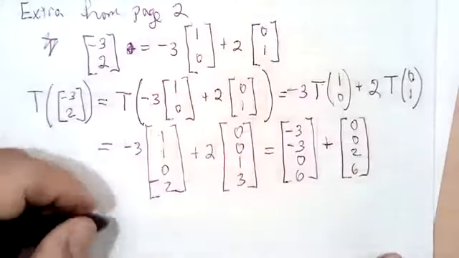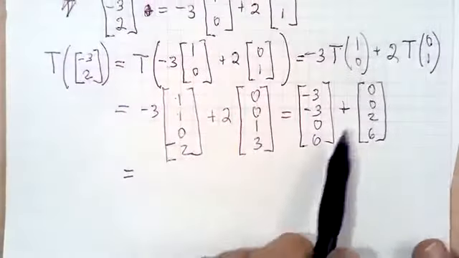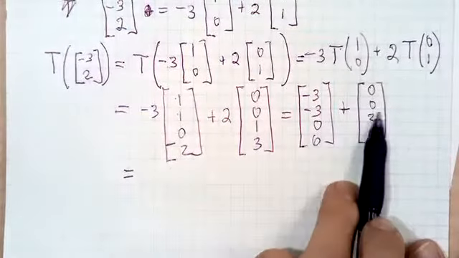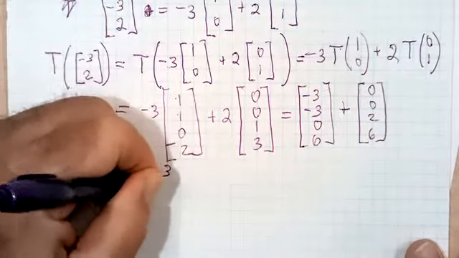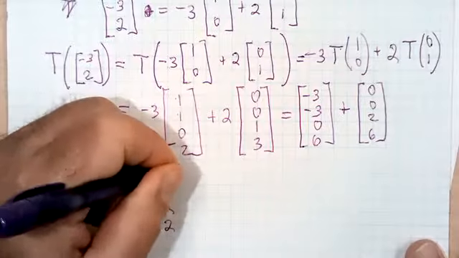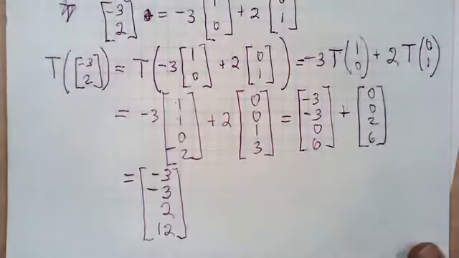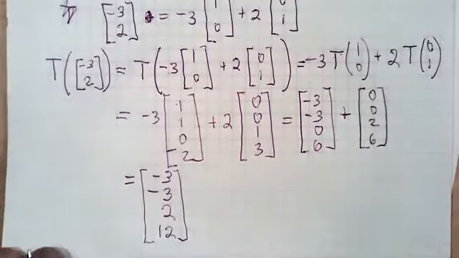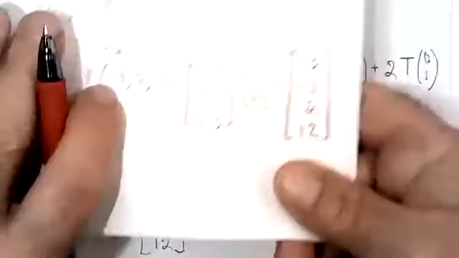And when I put them together, I get, let's see, minus 3, minus 3, 2, 12. And what did we get the other way? Right here.